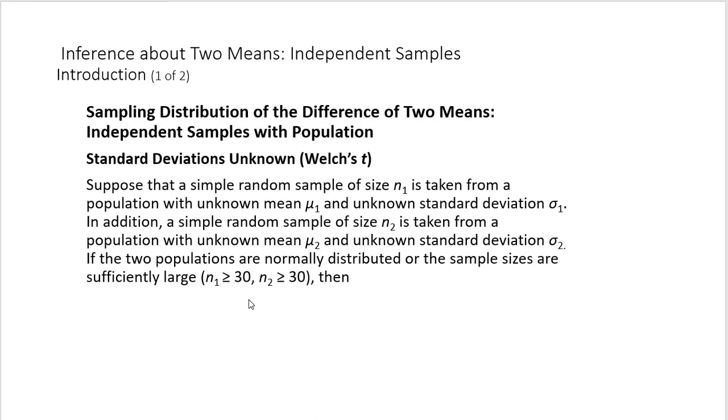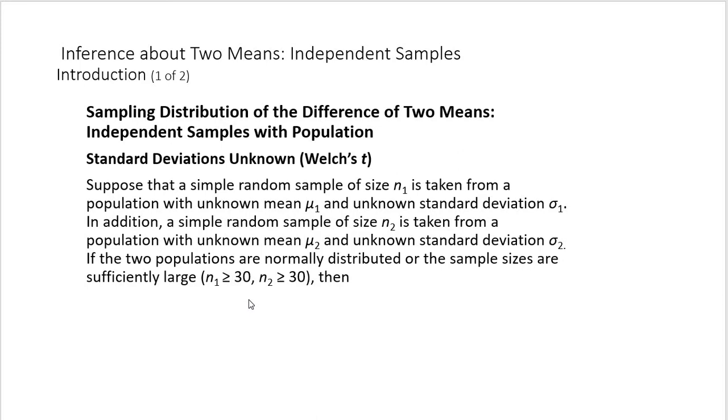mean mu1 and unknown standard deviation sigma 1. In addition, a simple random sample of size n2 is taken from a population with unknown mean mu2 and unknown standard deviation sigma 2.